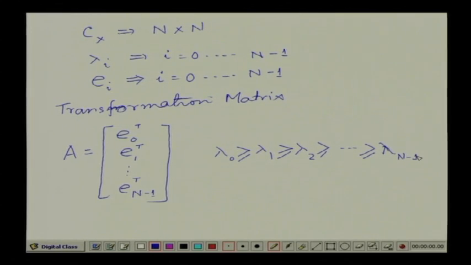Now, from this transformation matrix, we can make a truncated transformation matrix, where instead of using all the eigenvectors of the covariance matrix C x, we consider only the first k number of eigenvectors, which correspond to the k largest eigenvalues.